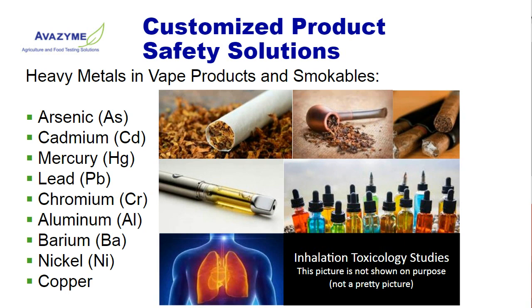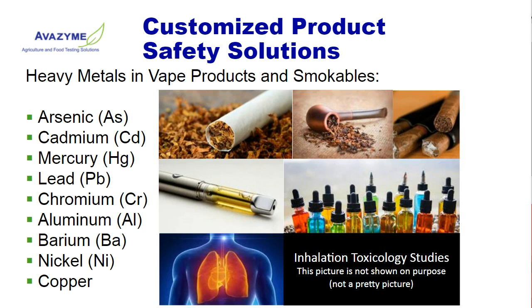We find significant amounts of heavy metals in tobacco-based products, where the tobacco has pulled the heavy metals from the soil, or sometimes it comes in through the irrigation water or runoff from neighboring fields, or if the irrigation is happening with pond water that may be contaminated with high levels of lead from prior duck hunting activities.